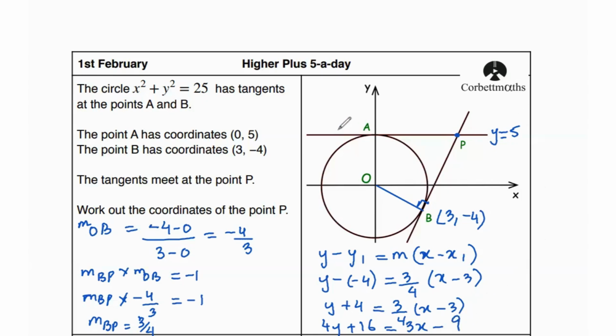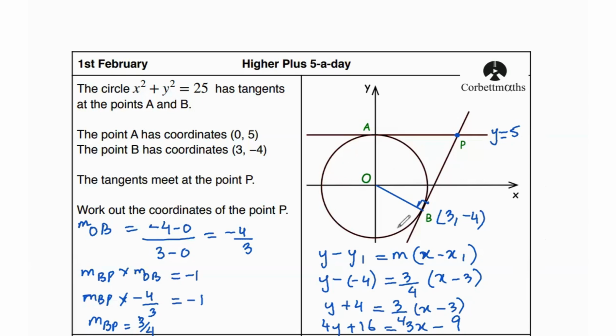Now we know that y equals 5 is passing through point P as well, which means the coordinate of P will have a y value of 5. So we put that in the equation that we have right now, we can find the value of x.